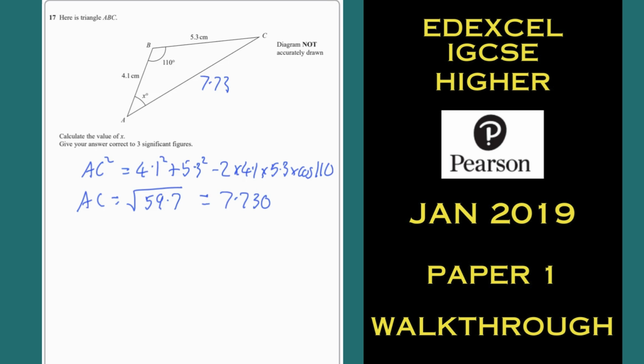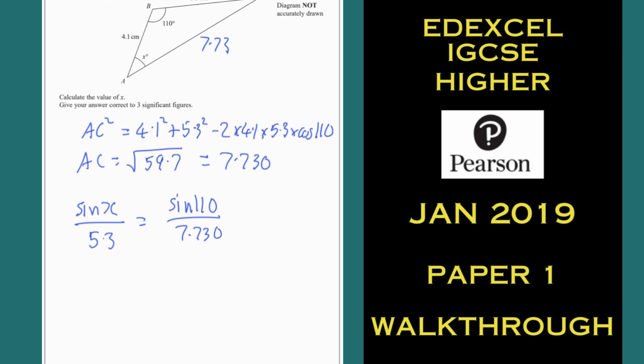X, we know it's opposite to 5.3, so it now becomes a sine rule question. Sine of the angle we're after over its opposite side equals sine of the angle we know over its opposite side.